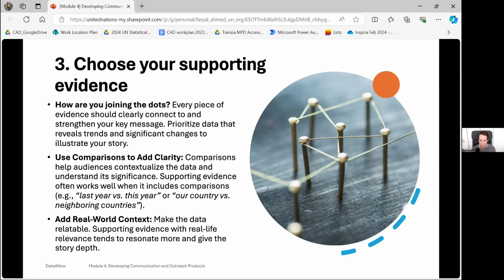So it's not just an isolated fact, but something that has more context, and can be more understandable for the reader, where they can understand the overall importance of that data.